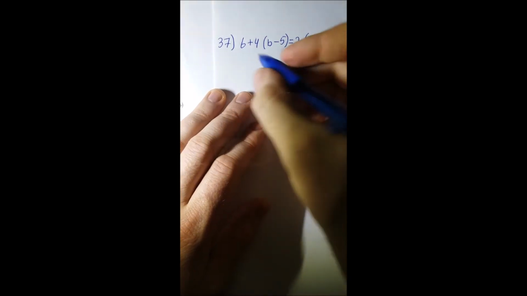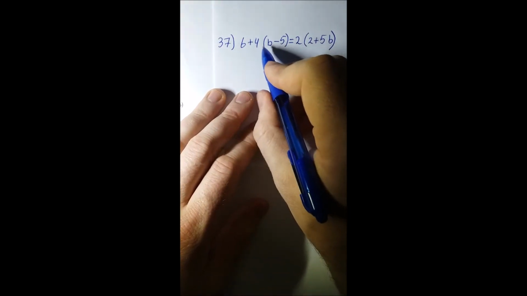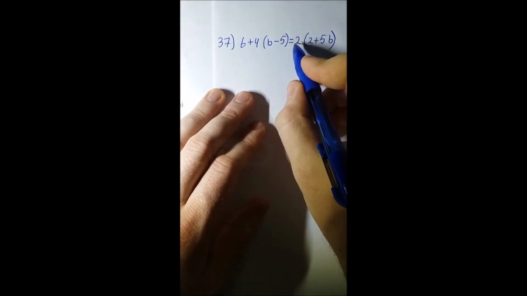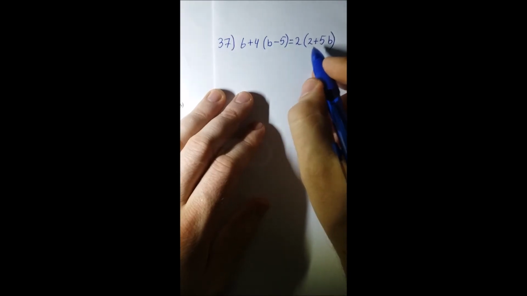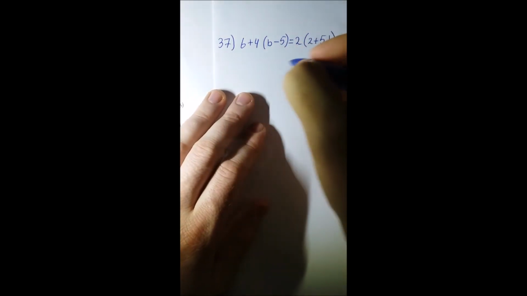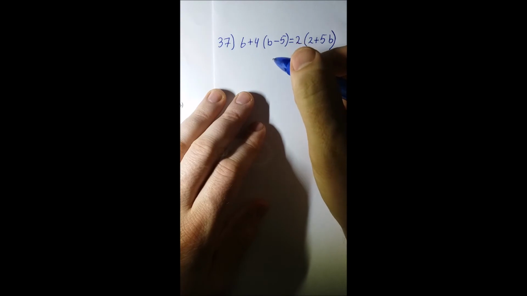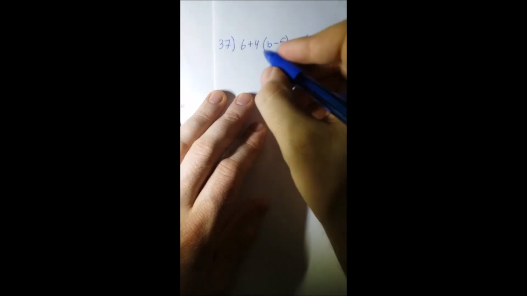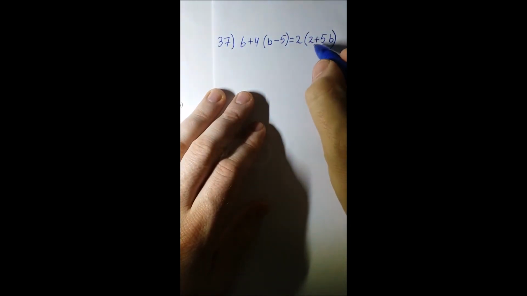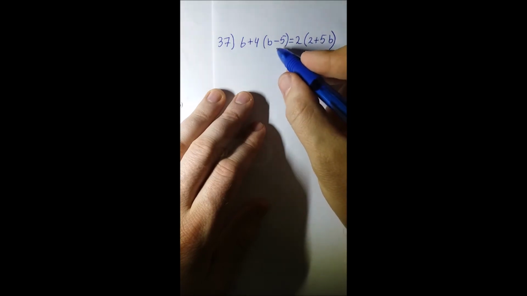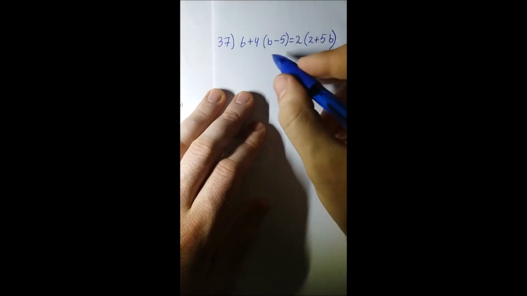Number 37. 6 plus 4 times b minus 5 equals 2 times parentheses 2 plus 5b, end of parentheses. Okay, let's start. First, we're gonna do the operations inside the parentheses, which unfortunately we cannot combine, nothing inside either of these parentheses.